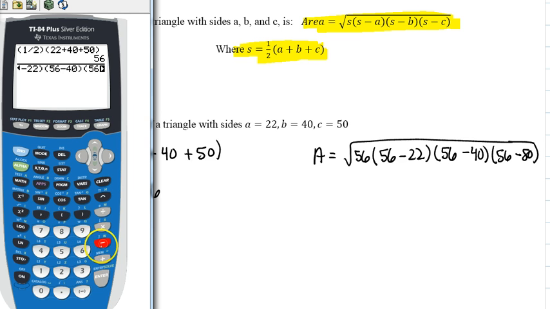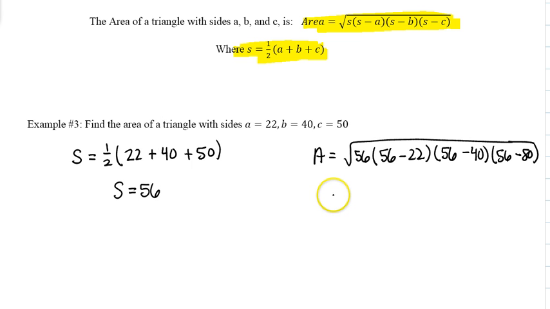And 56 minus 50. Close parentheses. Press enter. So the area is 427.53. Okay, so that's how you find the area. We just got to use the formula.